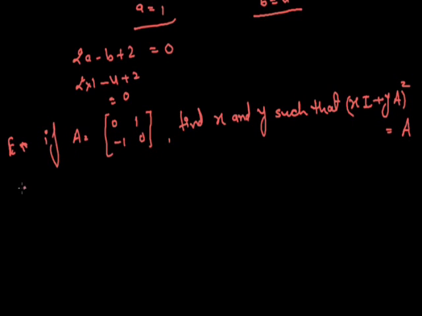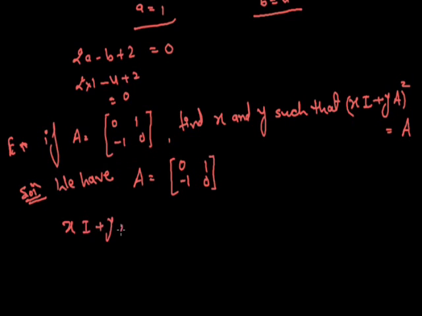Now in the solution, we have A equal to [0, 1; -1, 0]. So now xI plus yA is x times [1, 0; 0, 1] plus y times [0, 1; -1, 0].